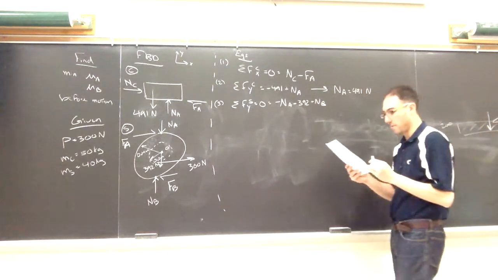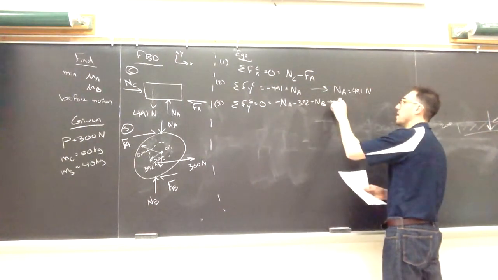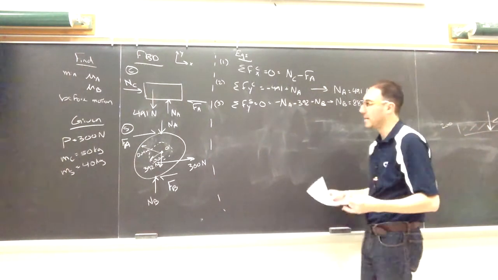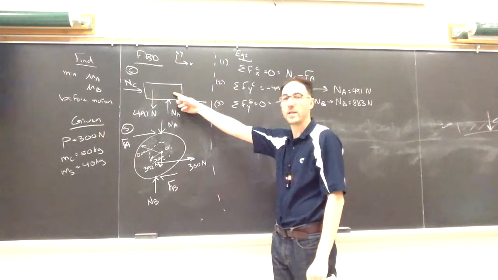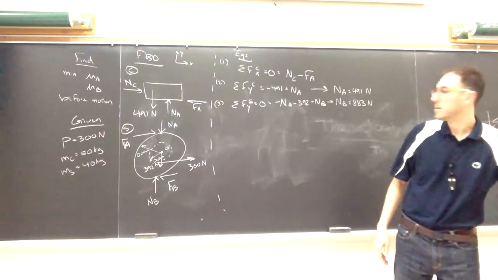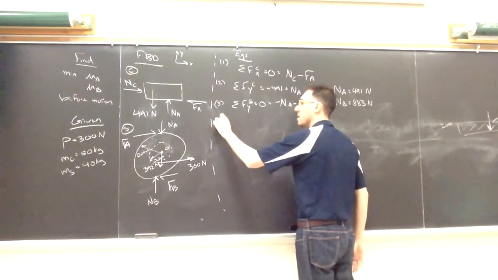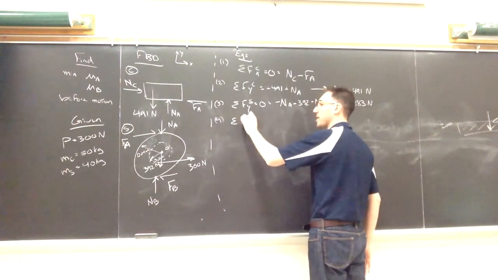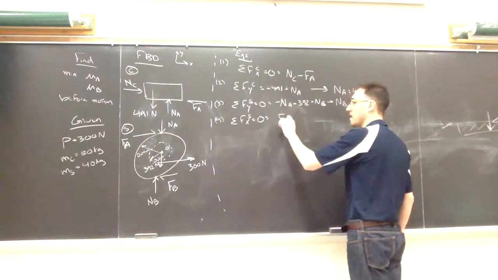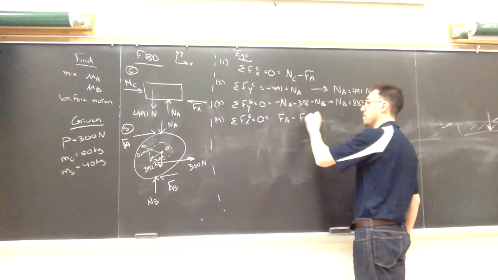This tells me that the normal force at B is 883 newtons, and it turns out to be the sum of the weight of the block and the weight of the spool. In the x direction, from the picture, I'll have FA minus FB plus 300.